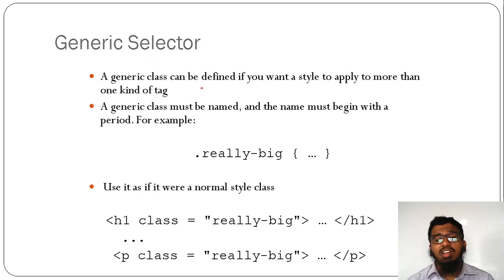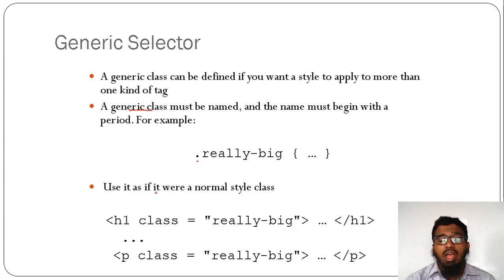What is the generic selector? A generic class can be defined if you want a style to apply to more than one kind of tag. The generic class must be named, and the name must begin with a period, like .reallybig.